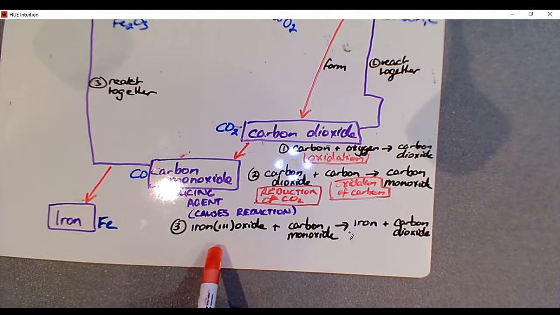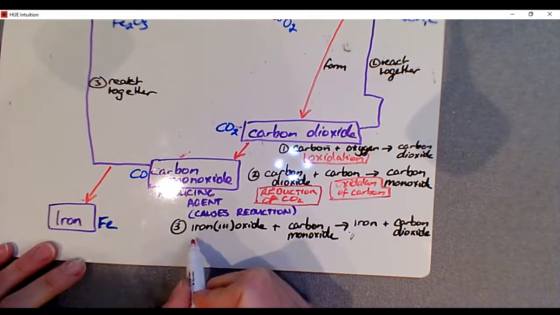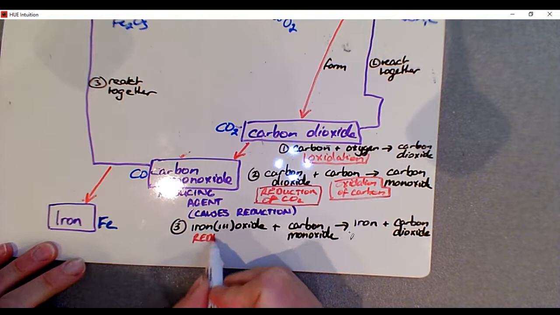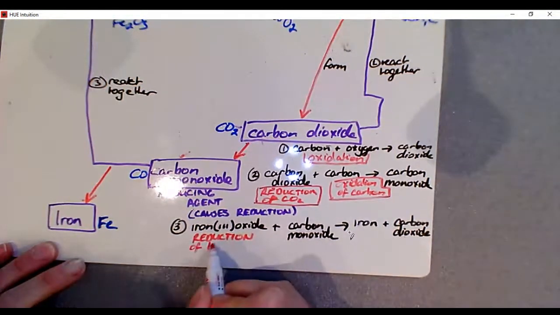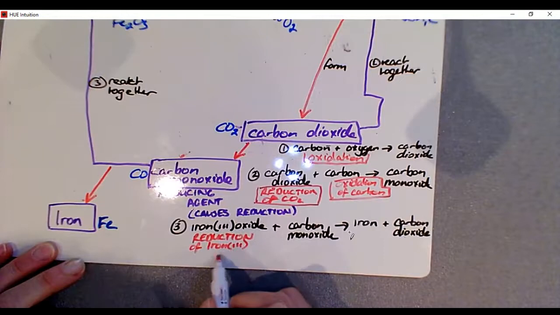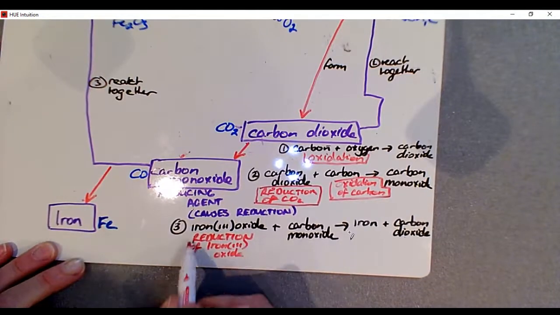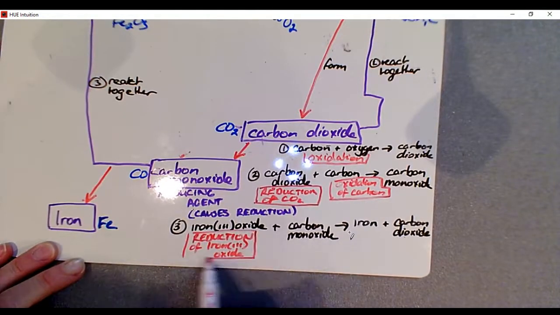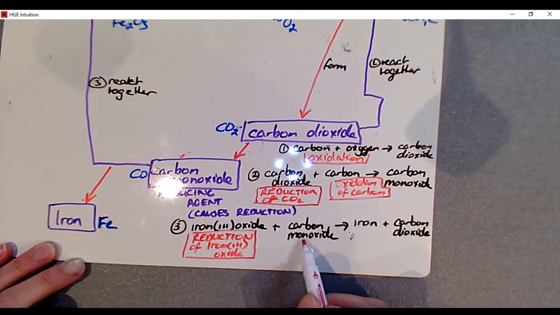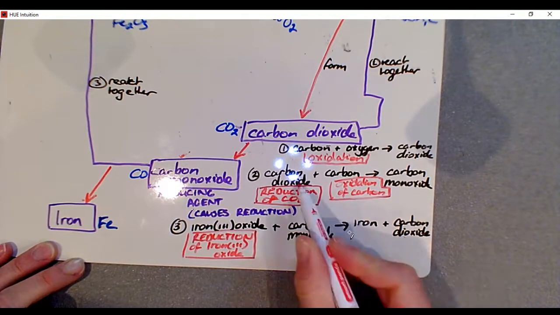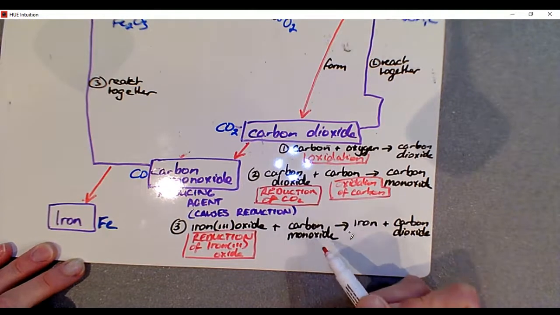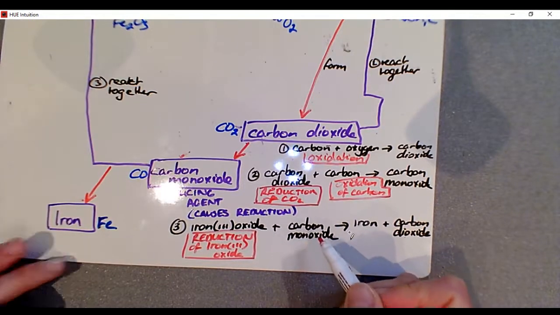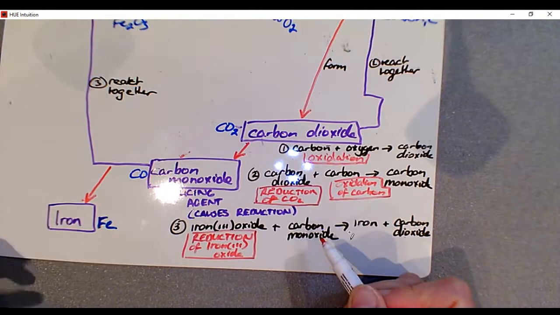Okay, so iron 3 oxide loses oxygen. So it must be reduced. The carbon monoxide, you can see it's formed here and it's being regenerated here. So it kind of doesn't change overall. It's just an oxygen carrier, right?